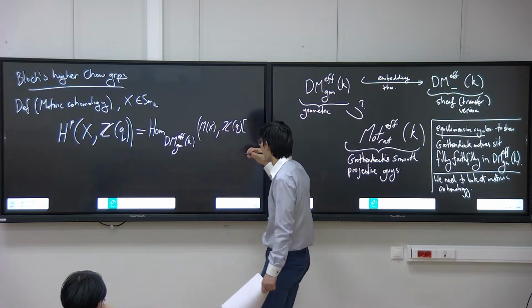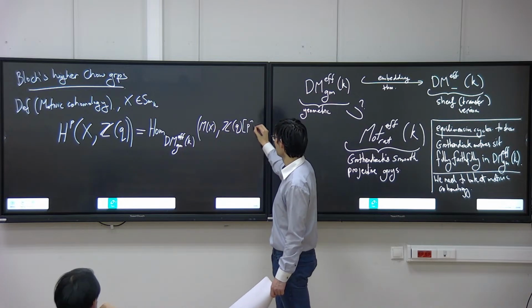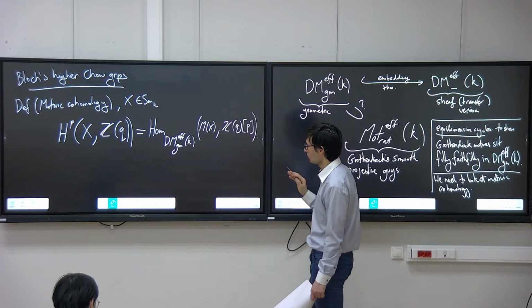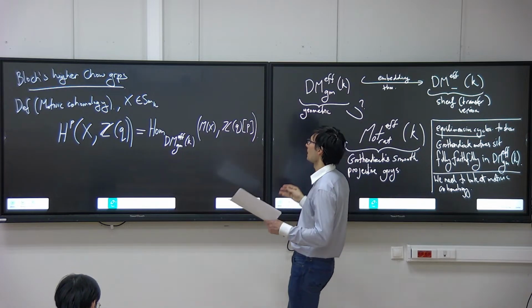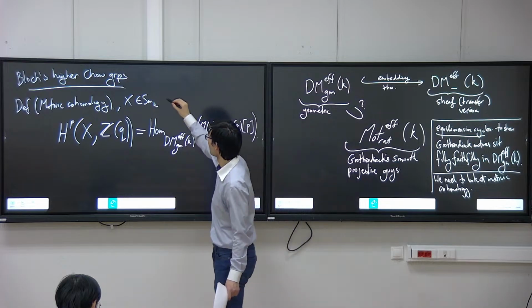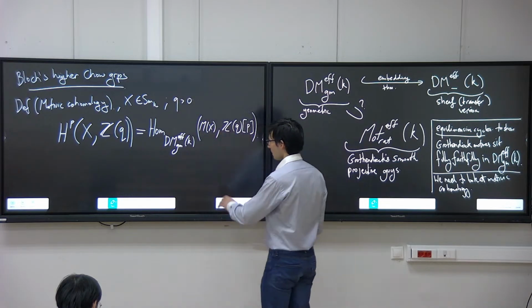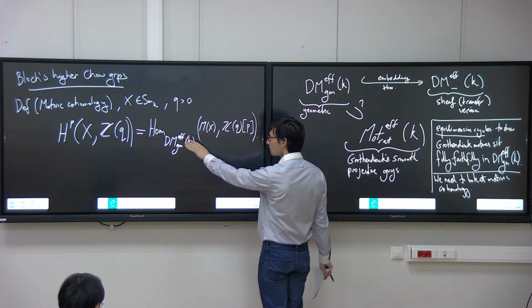So it's like some higher Ext. And just so this definition doesn't go out of control, I should assume for now q is positive, because I'm working with effective guys.